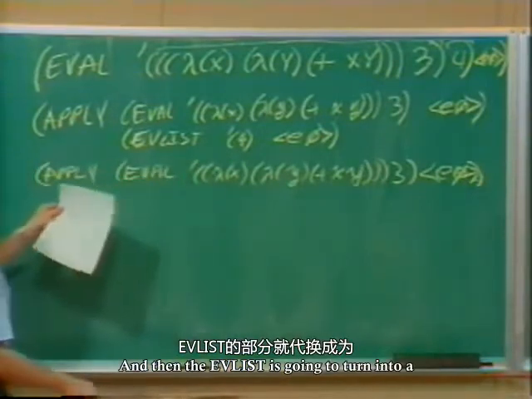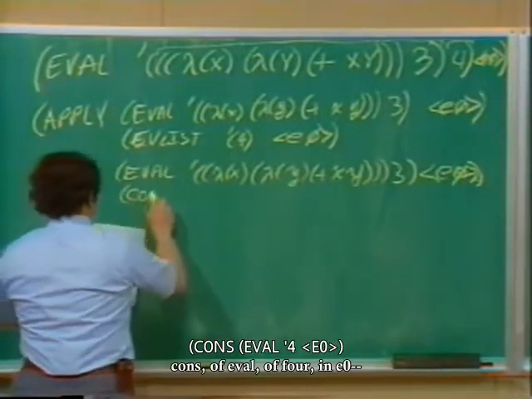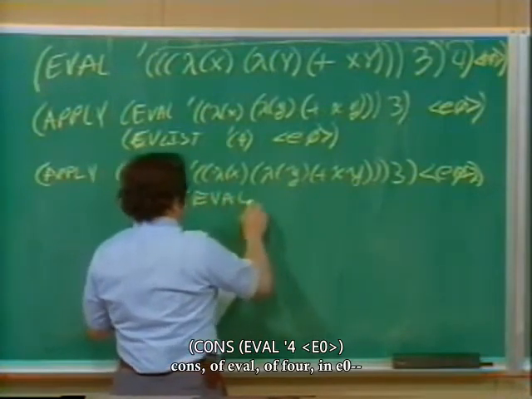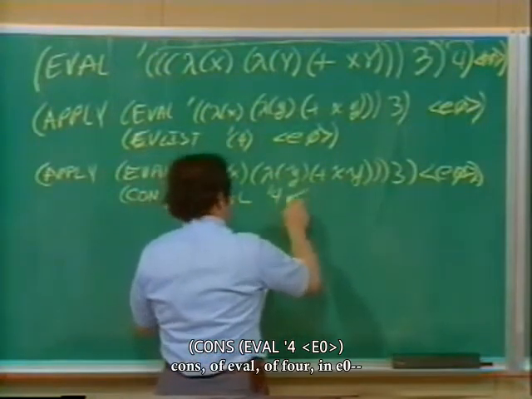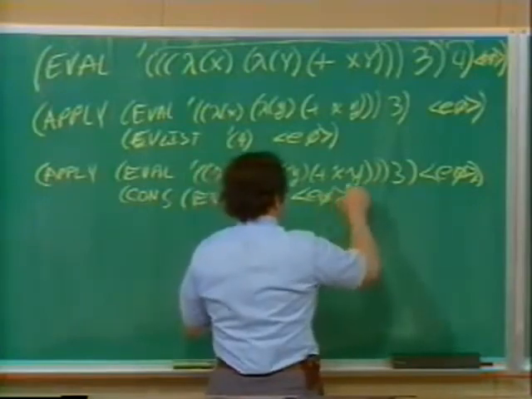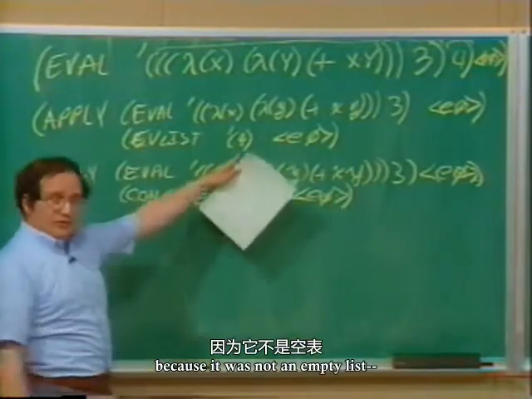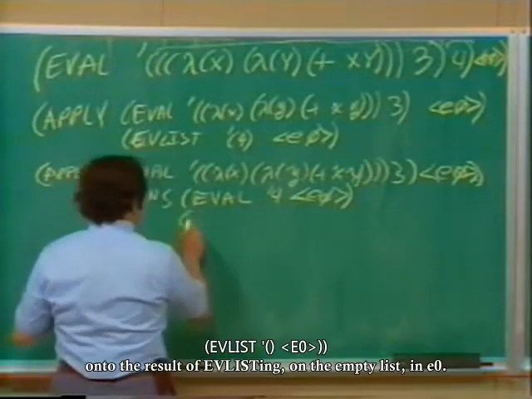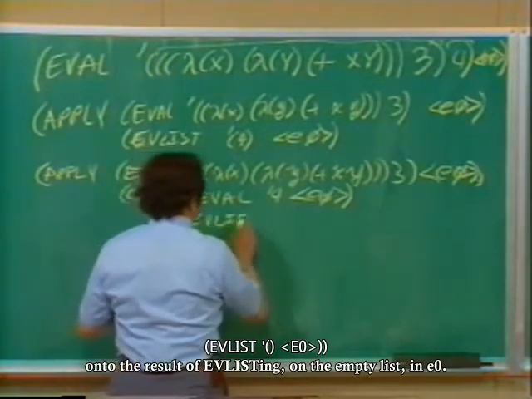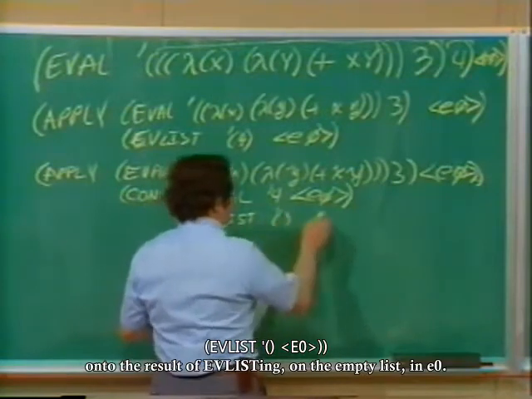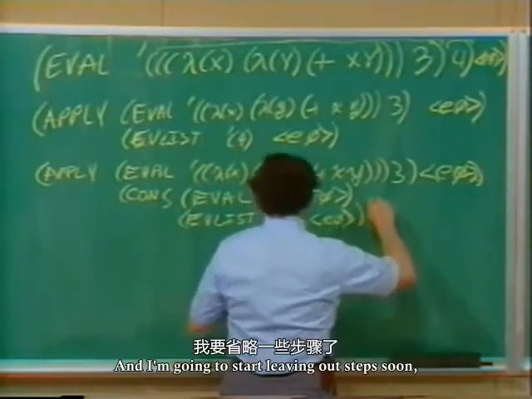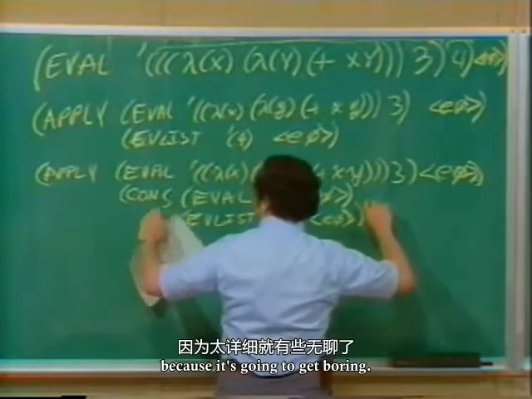And then the evlist is going to turn into a cons of eval of 4 in E0, because it was not an empty list, onto the result of evlisting of the empty list in E0. And I'm going to start leaving out steps soon because this is going to get boring.